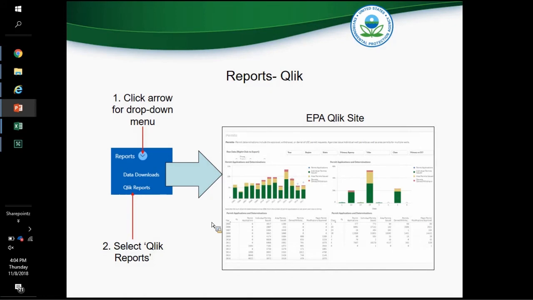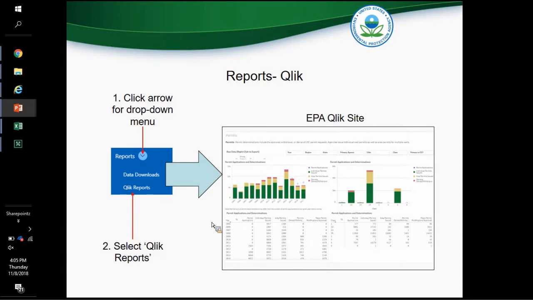The second option in the reports module is click reports, and Click is just the name of the software platform that's being used to produce the reports. They're not currently ready for user testing, but they will be ready next year when the application goes live. The problem is just that they're behind the EPA firewall, and getting everyone access to that is not ready at this time.